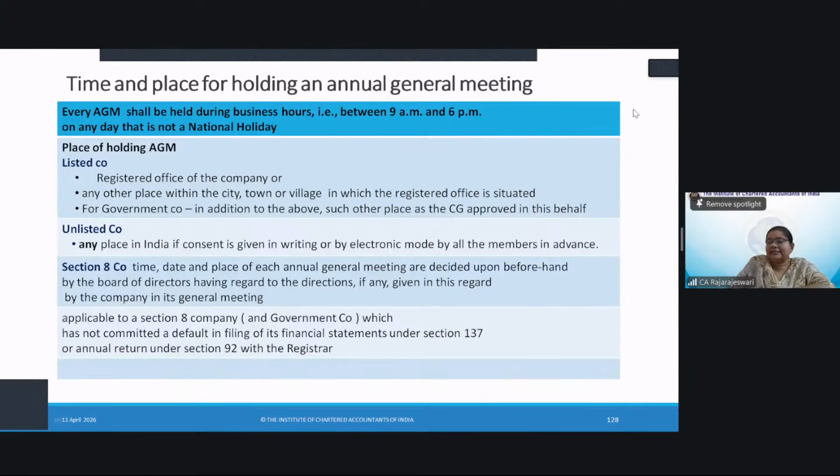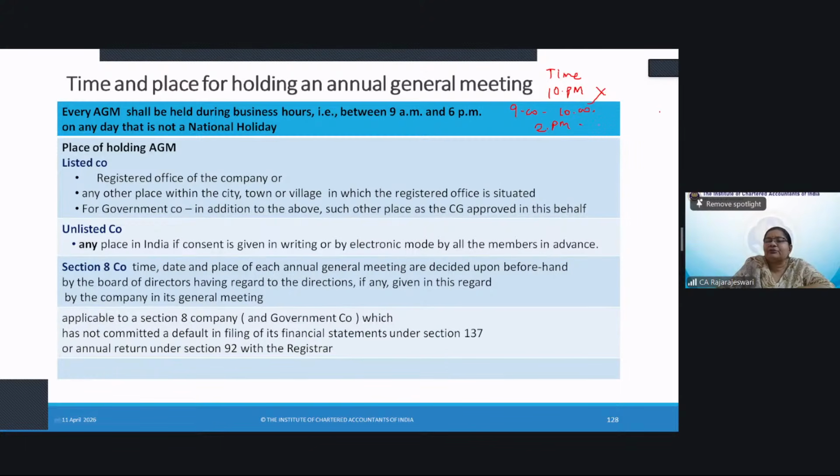Then, is there any restriction as to the time and place of holding the meeting? Can you hold it at 10 p.m. in the night? Not possible. It should be during business hours, say from 9 a.m., 10 a.m., 2 p.m. That is also acceptable.